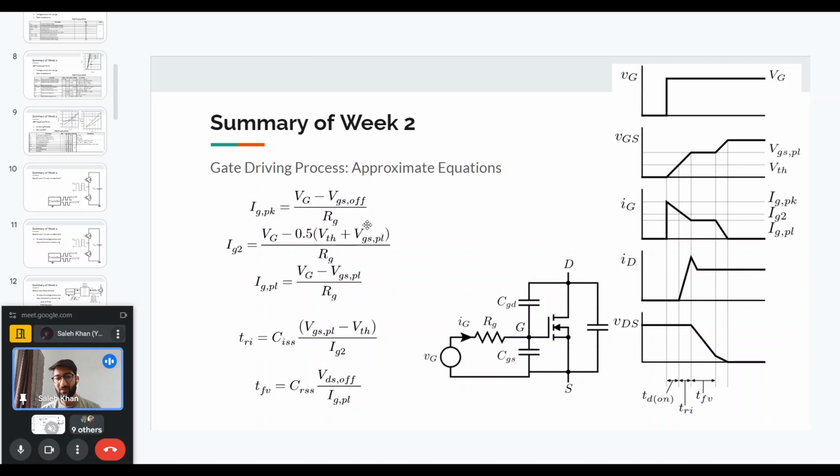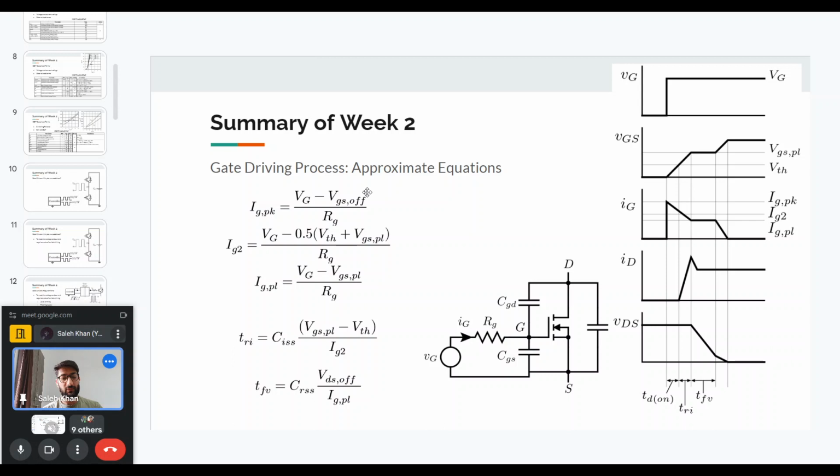If it was minus 5 or minus 3, then VGS off will be negative 5 or 3. So the numerator of this equation will become, let's say, 15 minus negative 5. So it will become 20. So the negative voltage will actually increase the peak gate current, and then it is divided by the gate resistance.